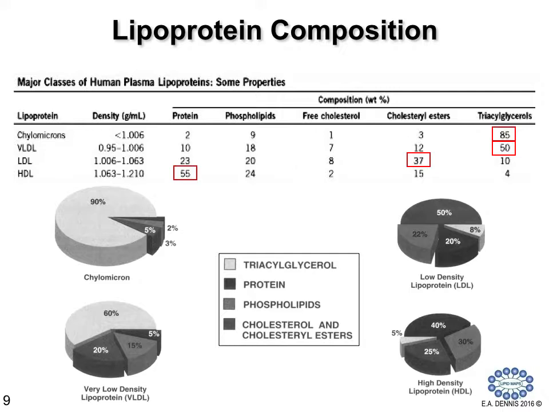The phospholipid content increases somewhat as one goes to the higher density, and the amount of free cholesterol is minimal, but varies somewhat. More striking is the increase in cholesterol esters as one goes from chylomicrons to VLDL to LDL, and the decrease in triglyceride content from 85% in chylomicrons to 50% in VLDL, and then decreases dramatically from there.